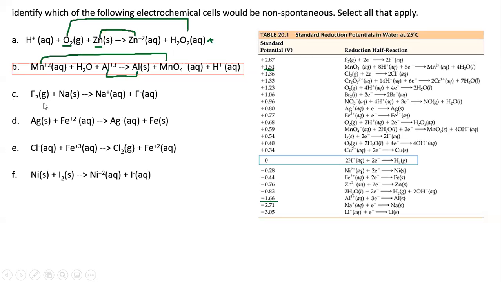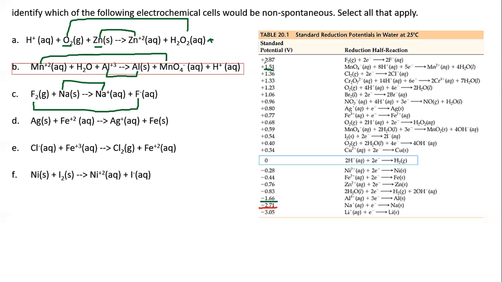We go to the third one. We have fluorine plus sodium gives us sodium ions and fluoride ions. Again, fluorine is reduced. Sodium is oxidized. So what we want to know is whether the reduction potential of fluorine is greater than that of sodium. So sodium is down here, it's negative 2.71.